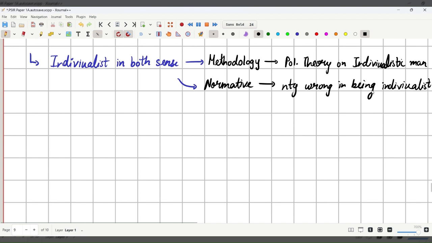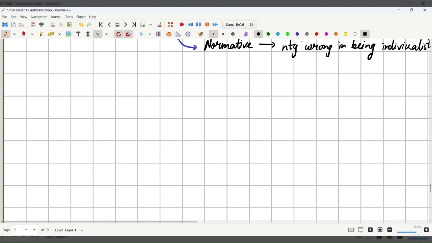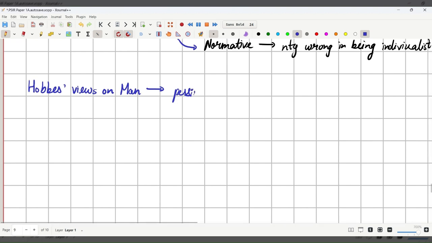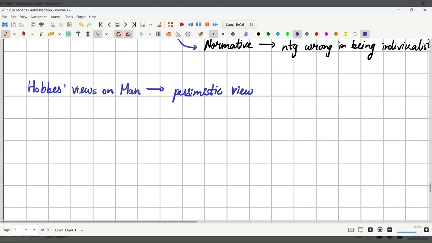So first, after this we are going to learn about Hobbes' views on man. He had a very pessimistic view of man, similar to Machiavelli.